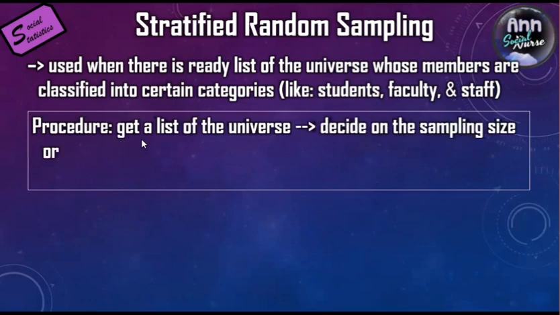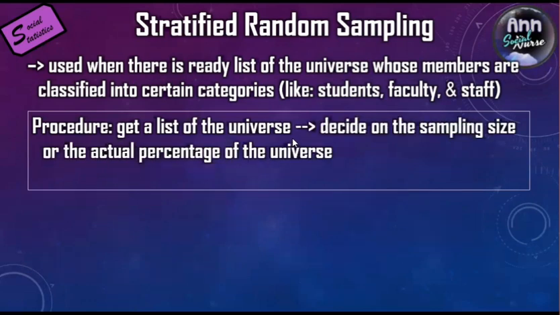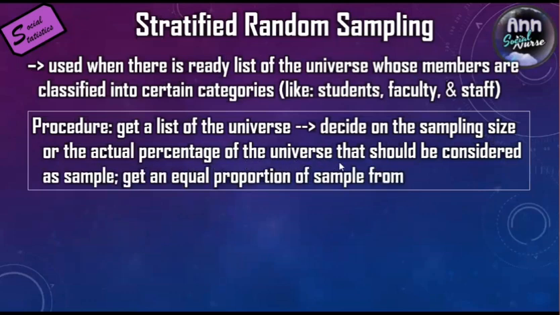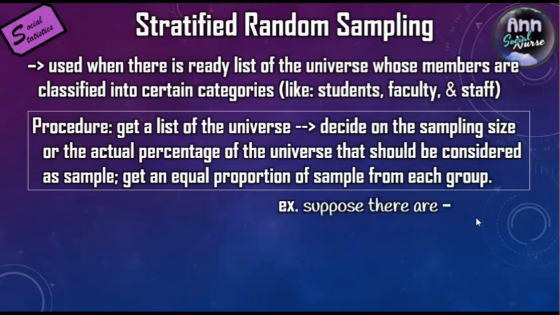The procedure would be to get a list of the universe, decide on the sample size or the actual percentage of the universe that should be considered as sample, and get an equal proportion of sample from each group. Remember, you already have determined the number of the sample from your calculation using the sampling formula.